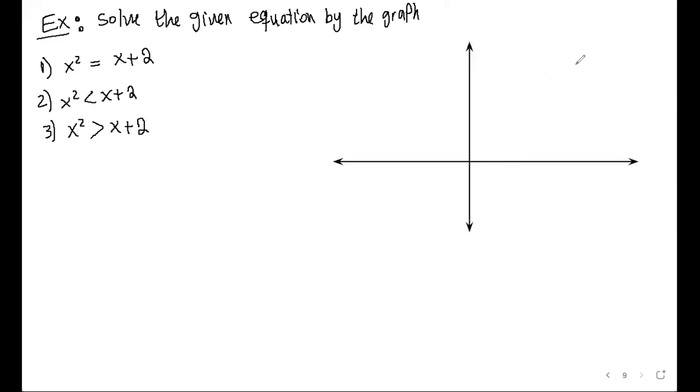The graph for x squared looks like this. No, it's not nice, something like that. And the second one, x plus 2, it's a line because the slope here is positive. So the line looks like this.